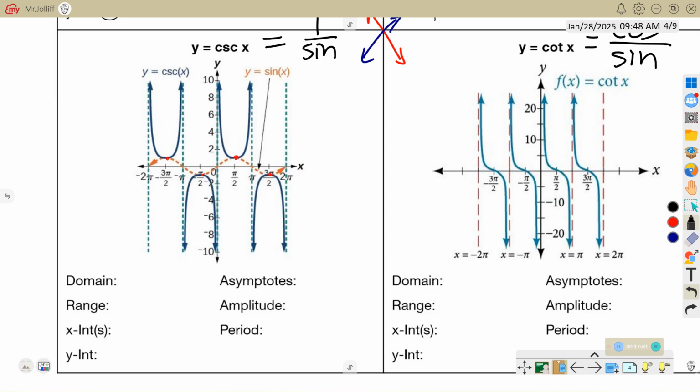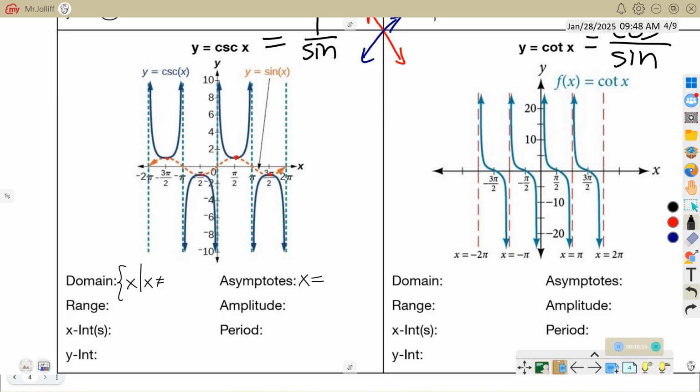So we'll start with domain. And domain, just like the other two, we're excluding where the asymptotes are. So this is an x not equal to, and it's going to be not equal to what my asymptotes are equal to. So looking at that graph, where are those asymptotes occurring? Oh.